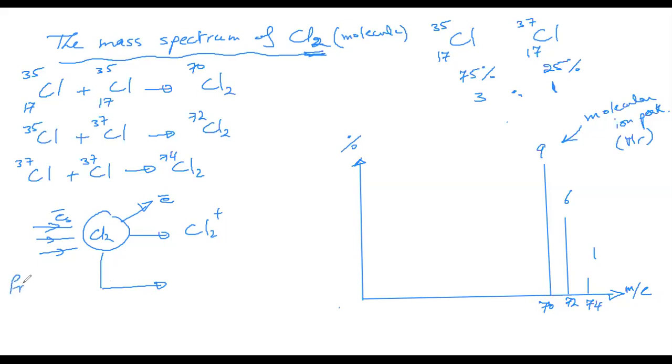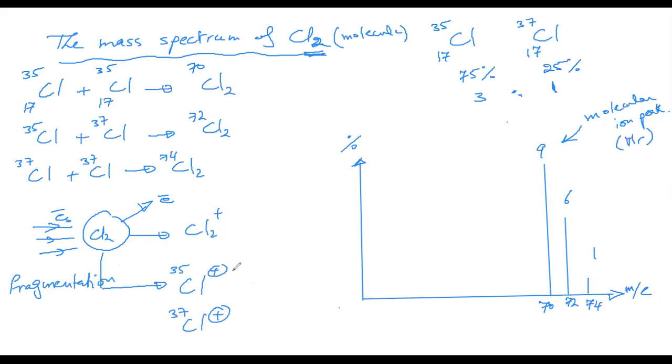We call this fragmentation. It is broken into its two isotopes, chlorine-35 positive and chlorine-37 positive, its simpler form, the atoms.